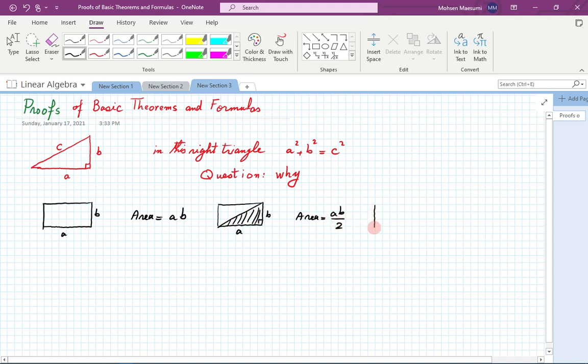In a special case, if the sides were equal, you will have a square. If this is a and this is a, in that case, as far as the algebra is concerned, we simplify this and write it as a squared. Okay, those are some preliminary ideas.